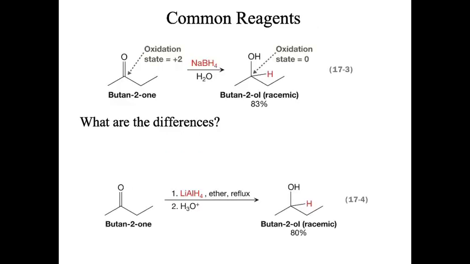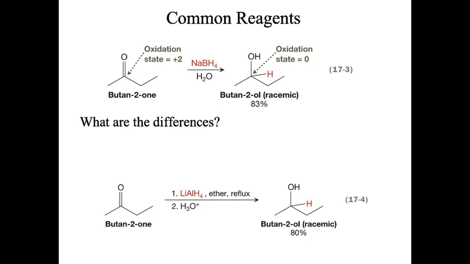Okay? So let's go through and come back here. We got 2 reactions here. One's with borohydride, one's with aluminum hydride. What differences do you notice? One's in acidic conditions, one's not. Okay. Which one's in acidic conditions?